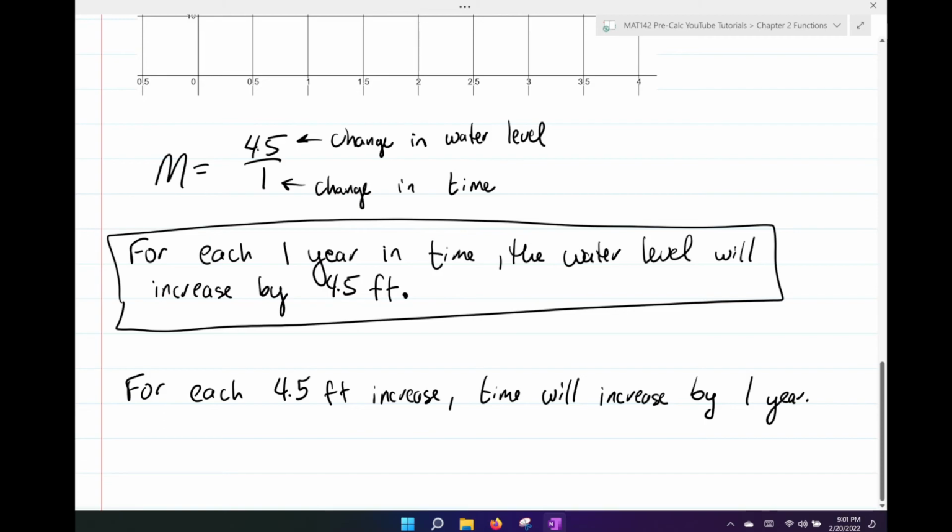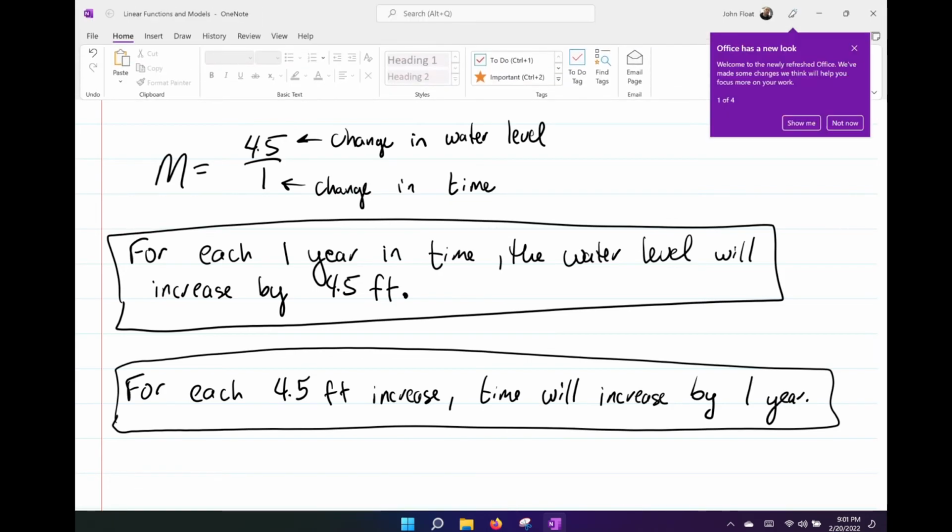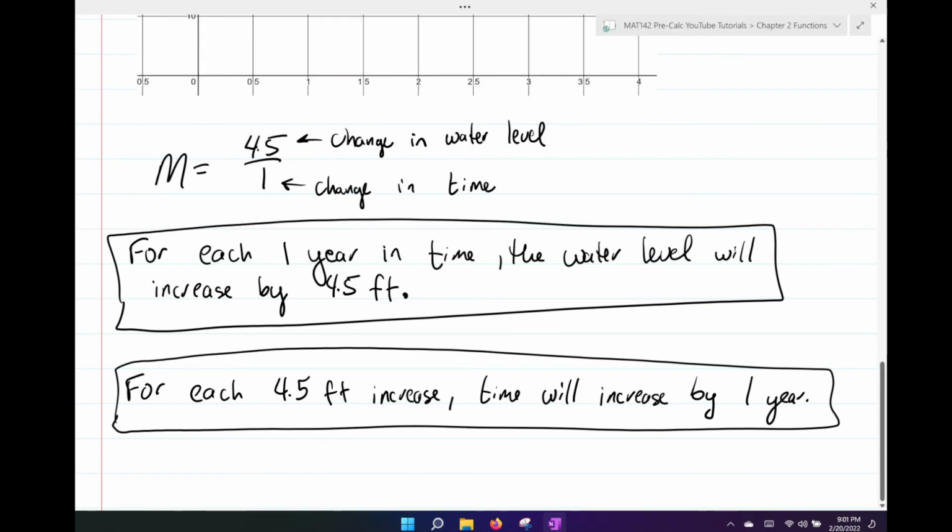And to be honest with you, it's really any way that you can write this to make sense to you or make sense to your reader. You just want to make sure you include the keyword increase, okay? You want to make sure you include this word increase. And that's because our slope is a positive number. All right? If it was negative, then we would say something like decrease or getting smaller, something of that nature.